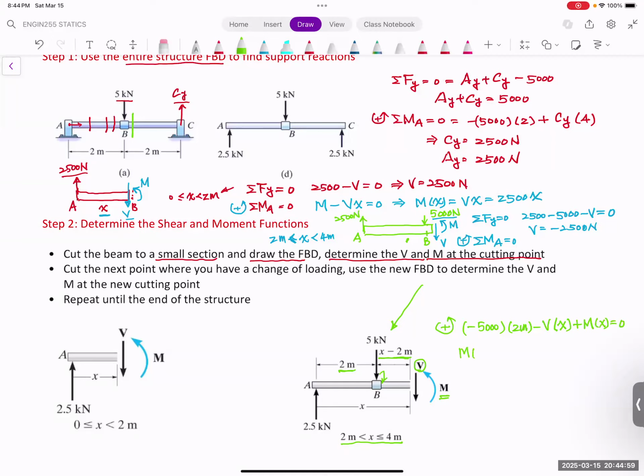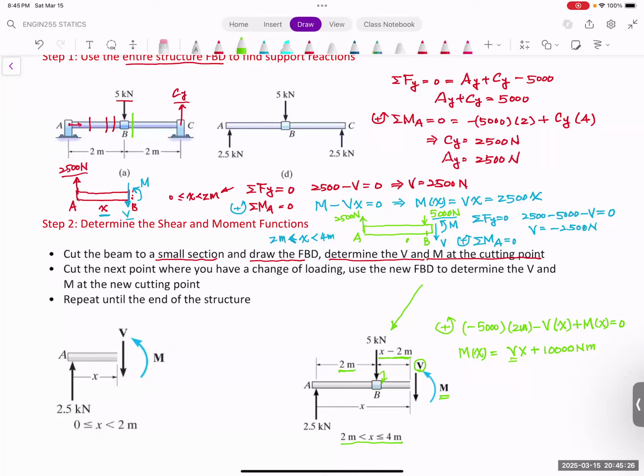Your moment, which is a function of x, is equal to V times x plus 100,000 Newton meter.